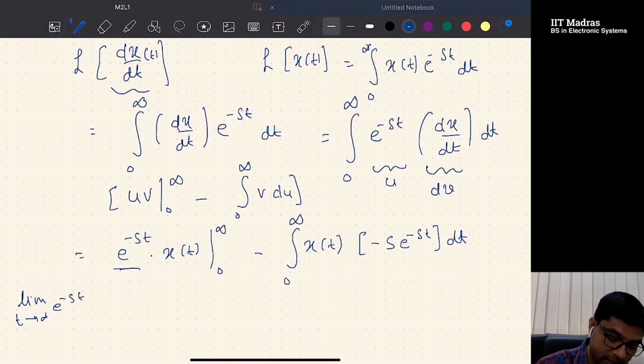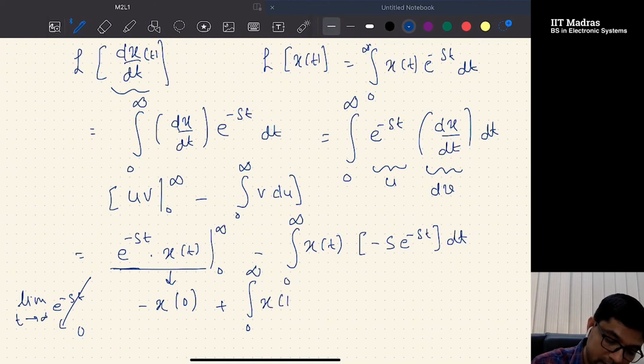Because we are operating in the region of convergence, this goes to 0. So what will be left here is x(0) with a negative sign. Evaluating this term reduces to this, and here these two negatives become a plus. I have the integral from 0 to infinity of x(t) e^(-st) dt with the s coming outside.